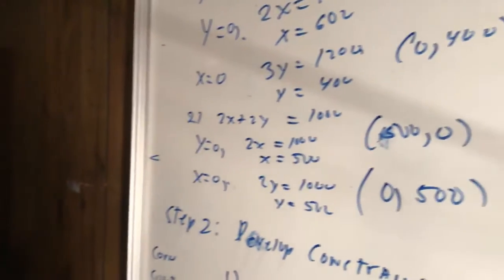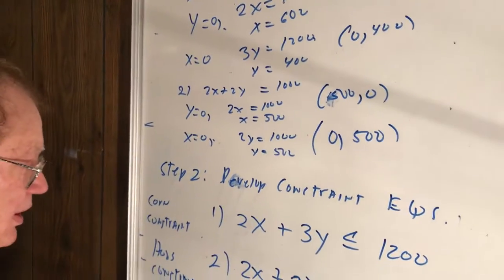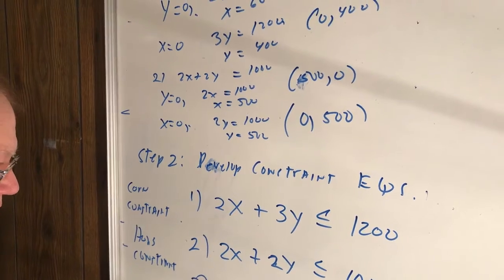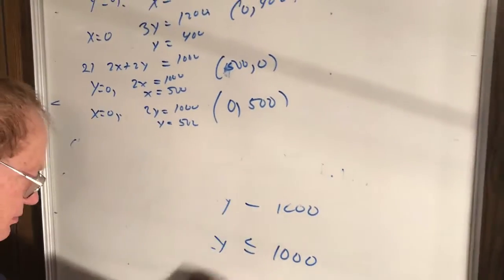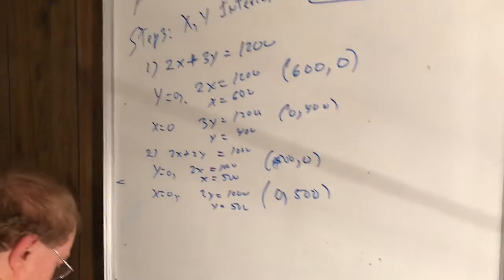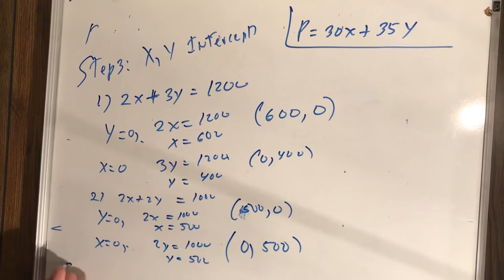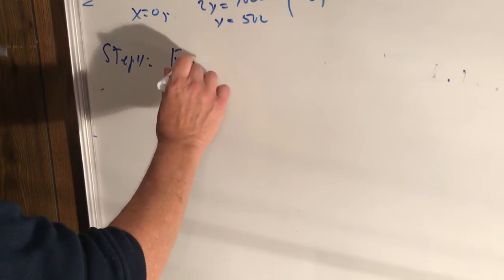All right, so my next step 4, is to find the intersection points between these two equations. So, got to solve systems of equations here. So step 4, find the intersection points.